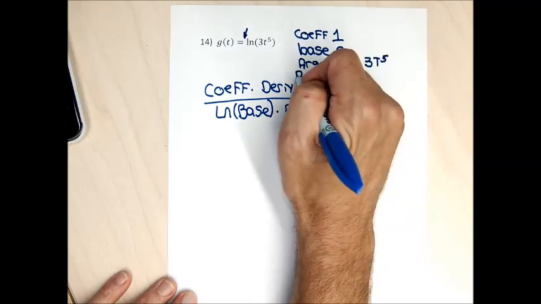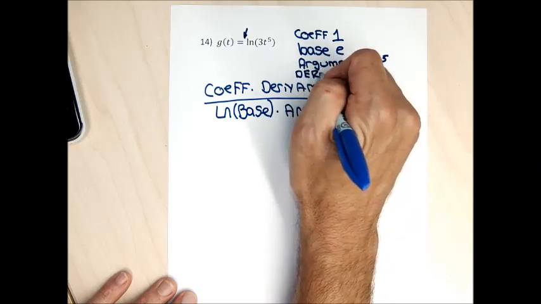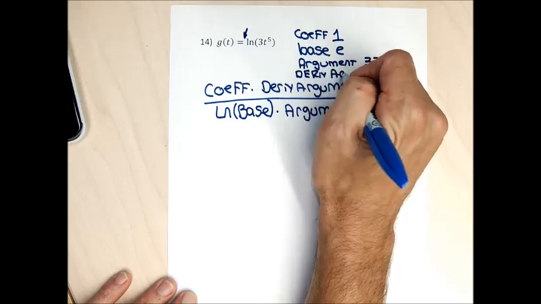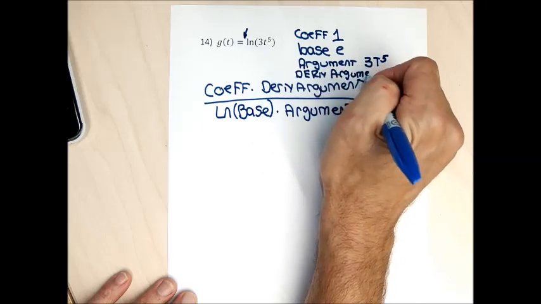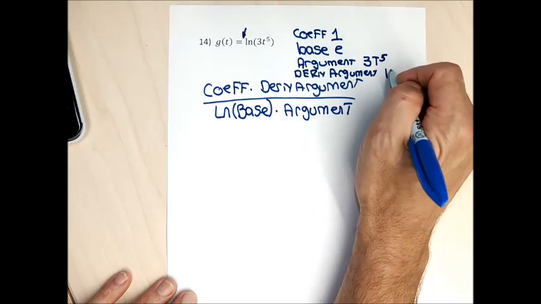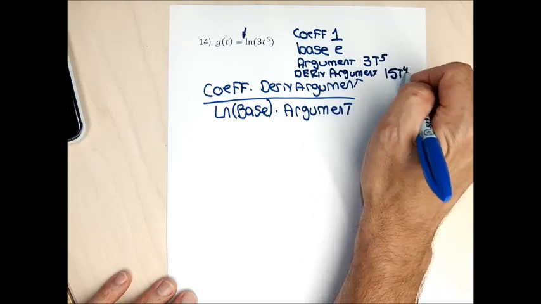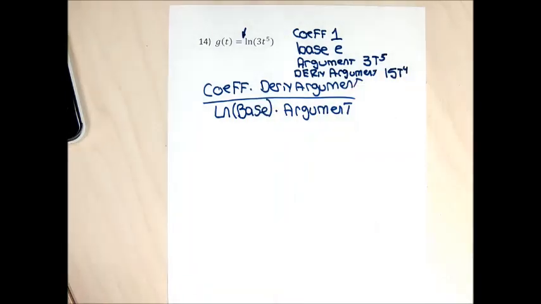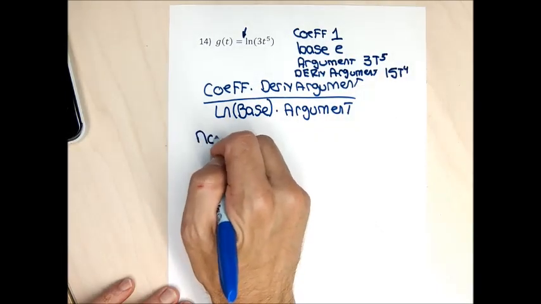And the derivative of the argument is just the derivative of 3t to the fifth. The derivative of 3t to the fifth is 5 times 3 is 15. Lower the exponent by 1, t to the fourth. There's no ln in the derivative of an ln.